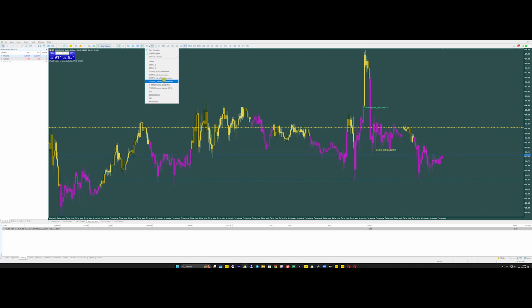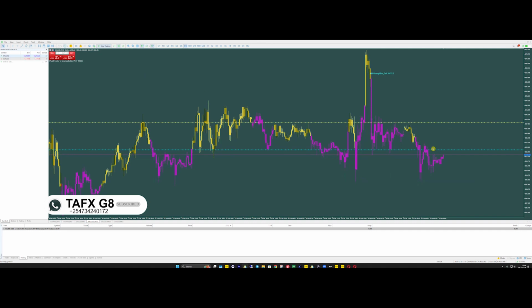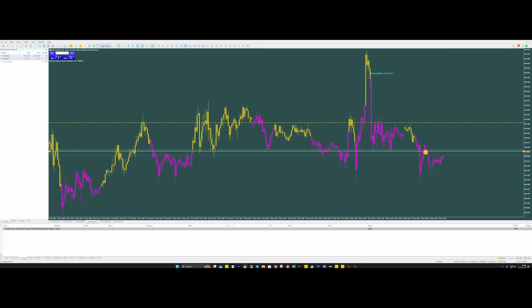If I add now the second minute 15 confirmation, you will see that we have a breakout at this point. And since you have jumped into minute 3 to do your scalping, it's also alerting you that there was a breakout here. You can see this breakout, and probably the market can retest that area and go down.